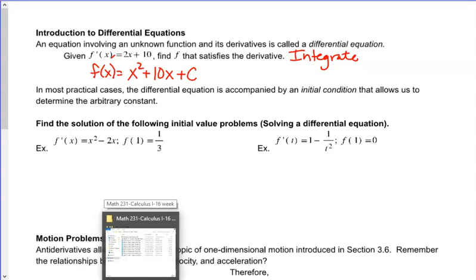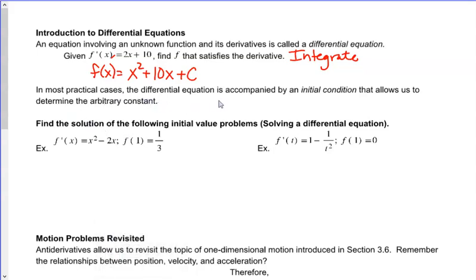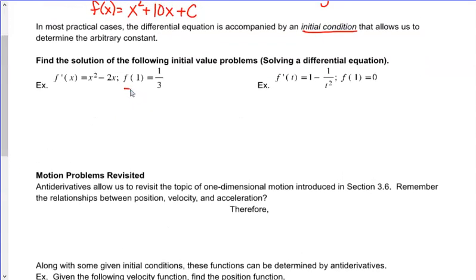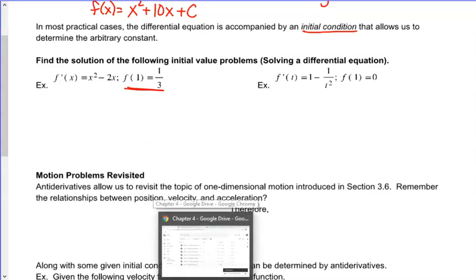So we've talked about this family of functions, but in most practical cases, a differential equation is accompanied by an initial condition that allows us to determine the c. So not all the time will we leave our answers with a plus c, because given an initial condition, I can plug that in and figure out what that c is.